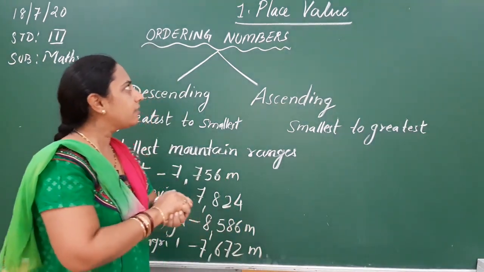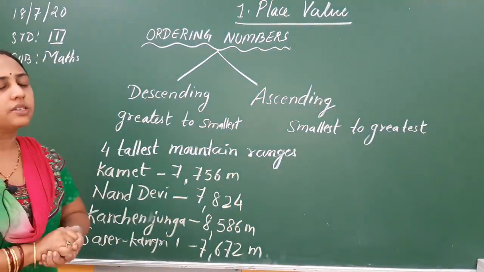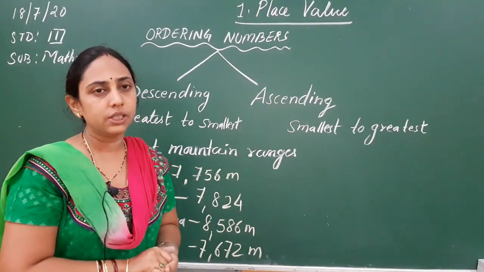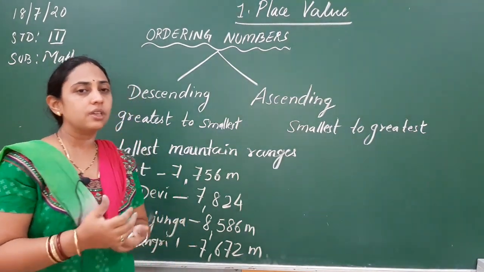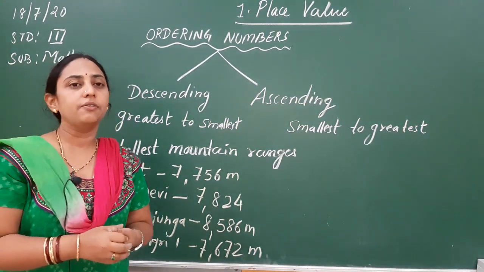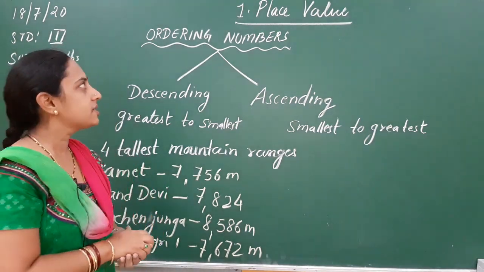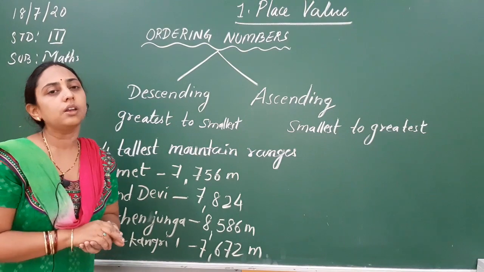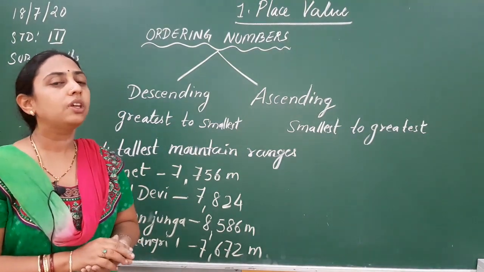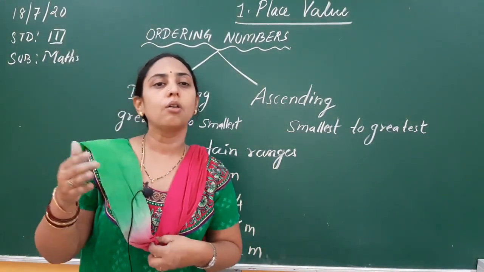In our last class we discussed comparing numbers, where we saw which number is greater and which number is smaller. Now today we will discuss ordering the numbers. Ordering means to put the numbers in a particular order.